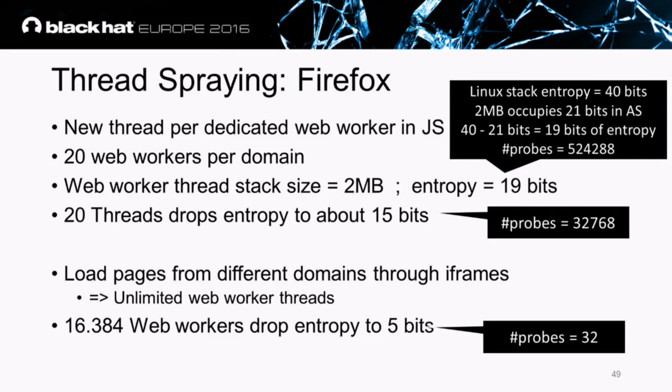So with this, you can have an unlimited number of web workers in the page. For example, if you spawn 16,000 web workers, you would drop the entropy to 5 bits, which is quite low. And the number of probes will be 32. So in the worst case, you would need 32 probes to hit a stack.